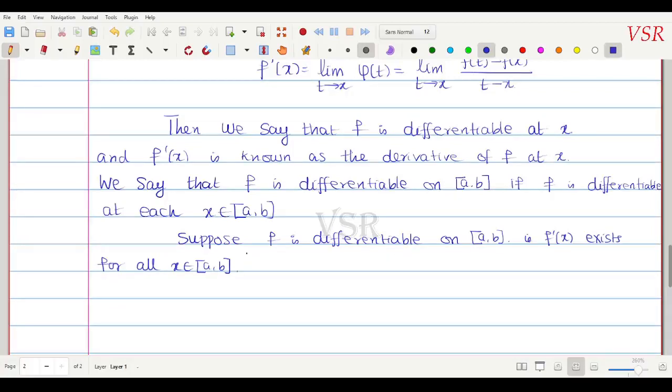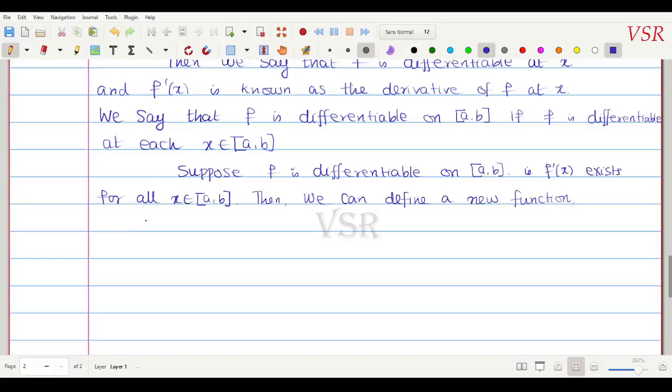Then we can define a new function, the function f dash, from the closed interval [a, b] to R, such that, what is the definition?